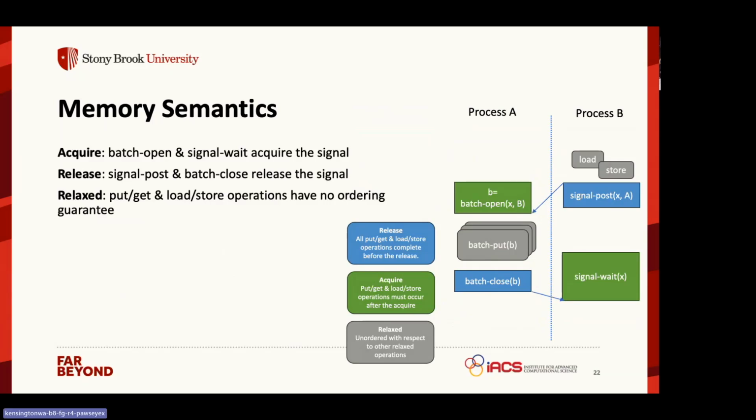So really the signal post is a release, the batch open is an acquire, the batch close is a release, and the signal wait is an acquire. All the operations, puts and gets and loads and stores, are relaxed. And they synchronize through the acquire and release of the batch and signal operations.